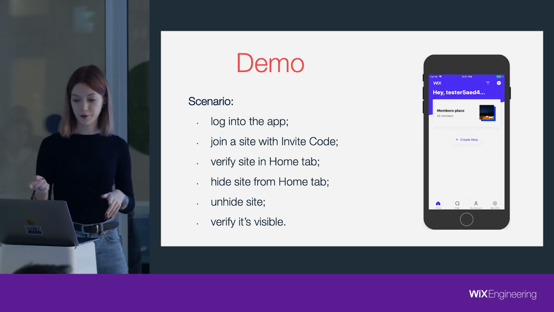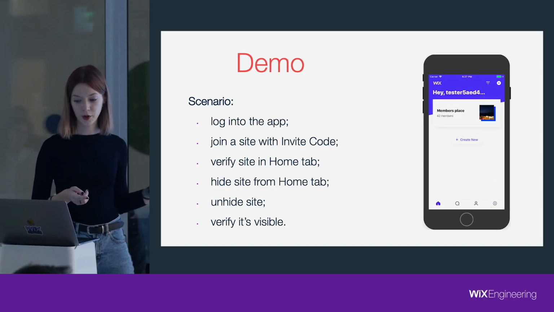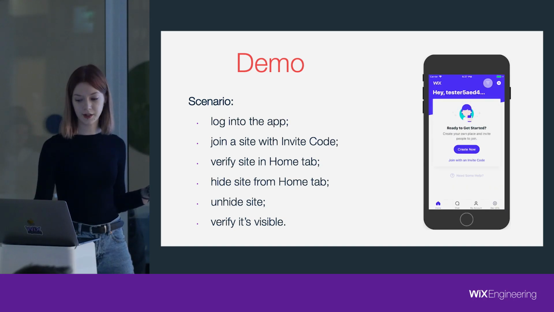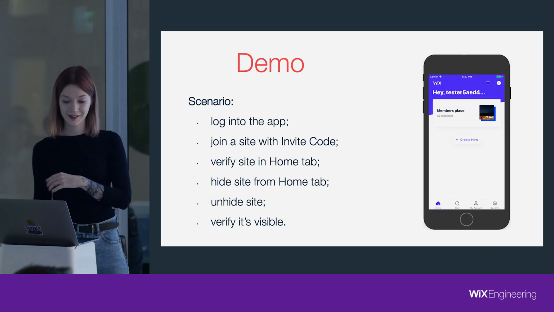And after that, you verify that the site is visible in the home view. And now it's being hidden from home. It verifies that it was hidden and the empty state is visible again. And then it unhides it.